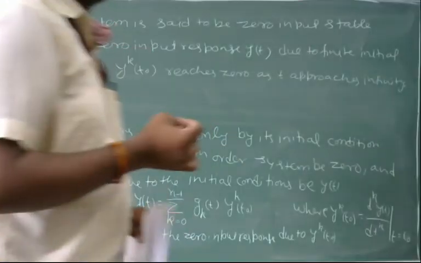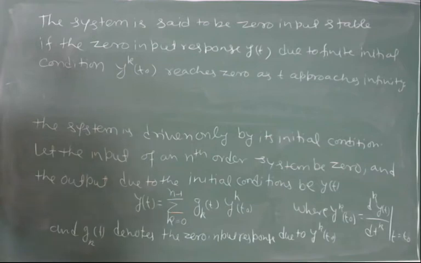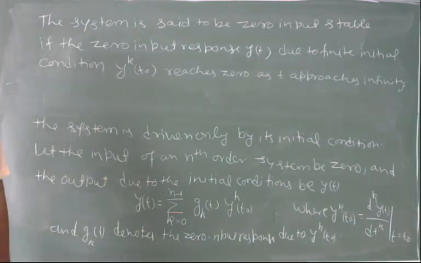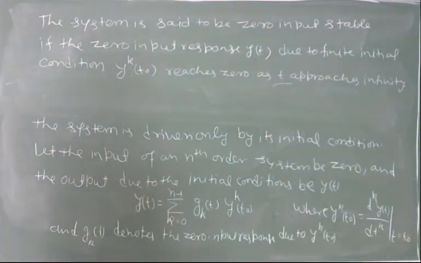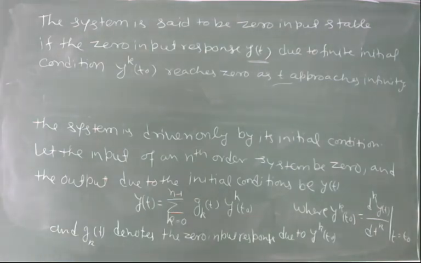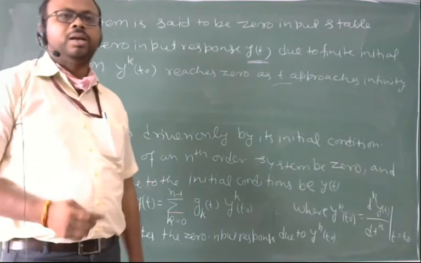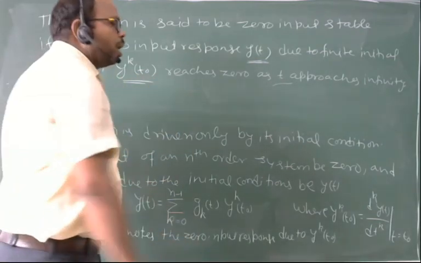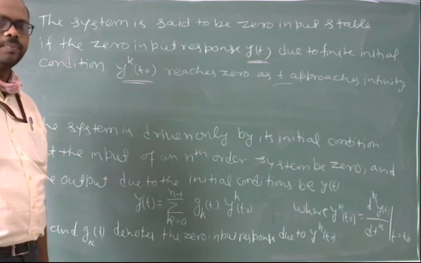And this is the condition for the stability of any system: the response of the system reaches 0 as t approaches infinity, when driven only by the initial conditions y^k(t0), right?